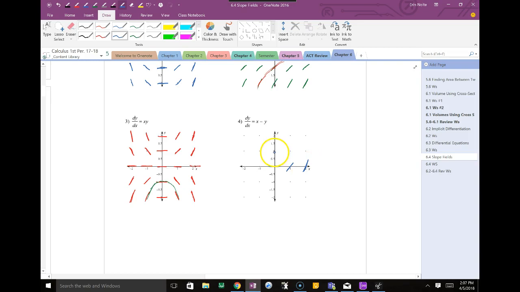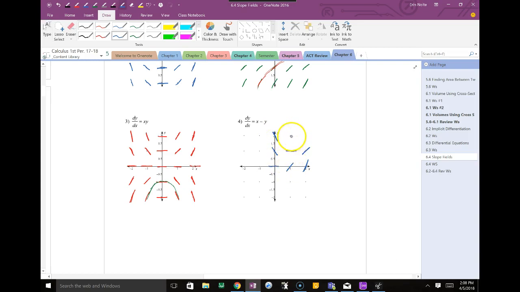At the point 0, 1, 0 minus 1 is negative 1. The point 1, 1, 1 minus 1 is 0. The point 2, 1, 2 minus 1 is 1. Okay, at the point 0, 2, 0 minus 2 is negative 2.